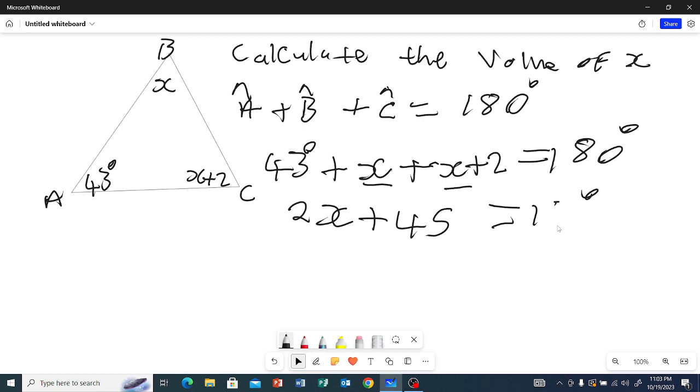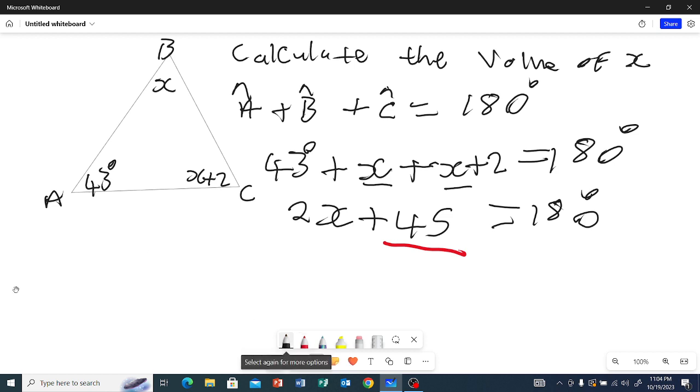Now what you need to do is subtract 45 from both sides, because our aim is to eliminate this 45 from this side.